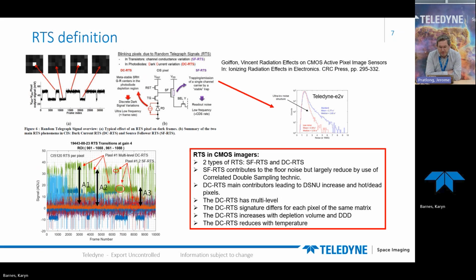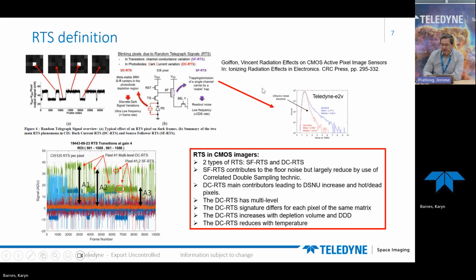There is another type of RTS that is here mentioned as source follower RTS, that is due to the degradation, trapping creation in the channel of the source follower, that then will have the effect of increasing the noise.